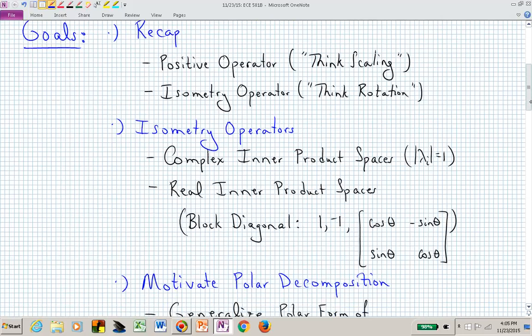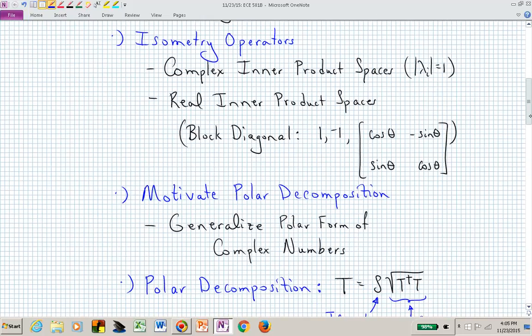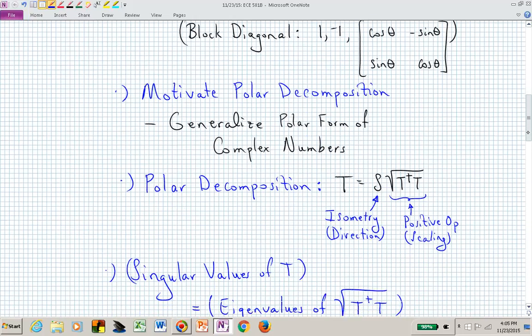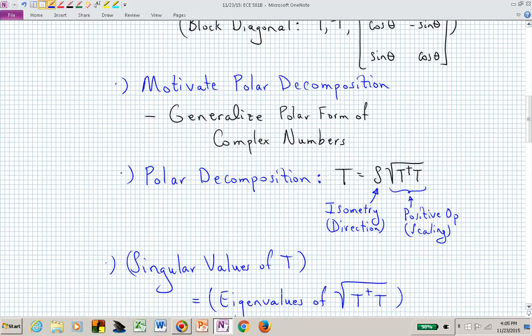So those are relative to isometries. We will then try to motivate polar decomposition. That's what we're calling this factorization of an operator into a scaling piece and a rotation piece. We will try to motivate that by generalizing complex numbers.